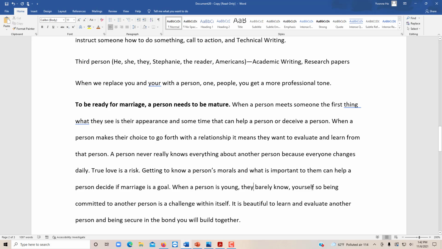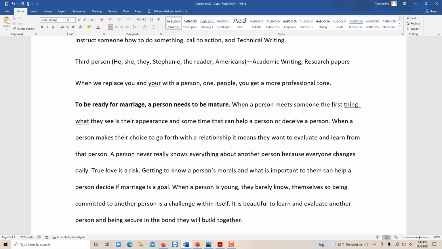They barely know themselves. So being committed to another person is a challenge within itself. It is beautiful to learn and evaluate another person and being secure in the bond they will build together.